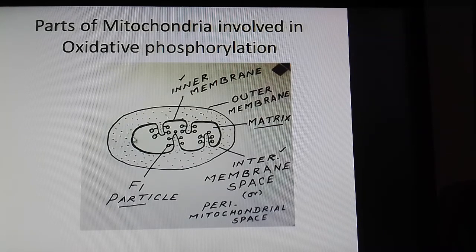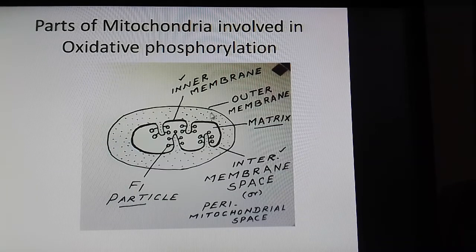Now here you see the mitochondria with outer membrane, inner membrane and then the matrix inside. The inner membrane has infoldings into the matrix, and the surface of the inner membrane is provided with stalked F1 particles.